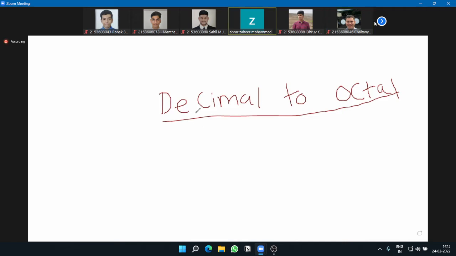For decimal to octal, suppose we have to convert the decimal number 126 to the octal. How will you convert? You have to repeatedly divide by 8.